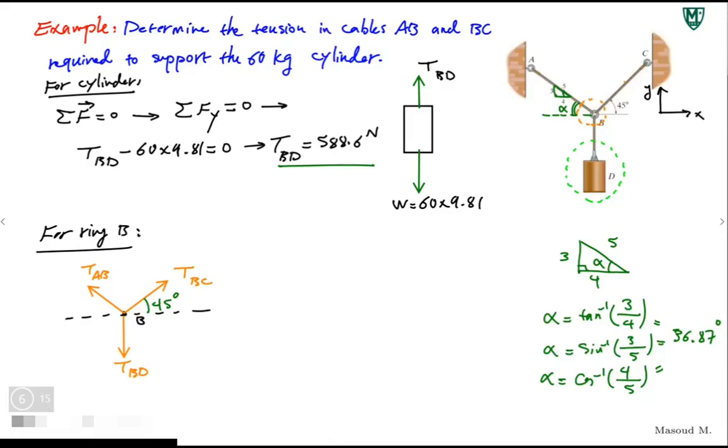So I knew the 45 degrees that were given on the right side, the angle TBC creates with the x-axis that I assume. But I wasn't given the angle that TAB creates with the horizon, the x-axis. I had to find it now. I used a piece of information from the problem statement, right here. 3, 4, 5.